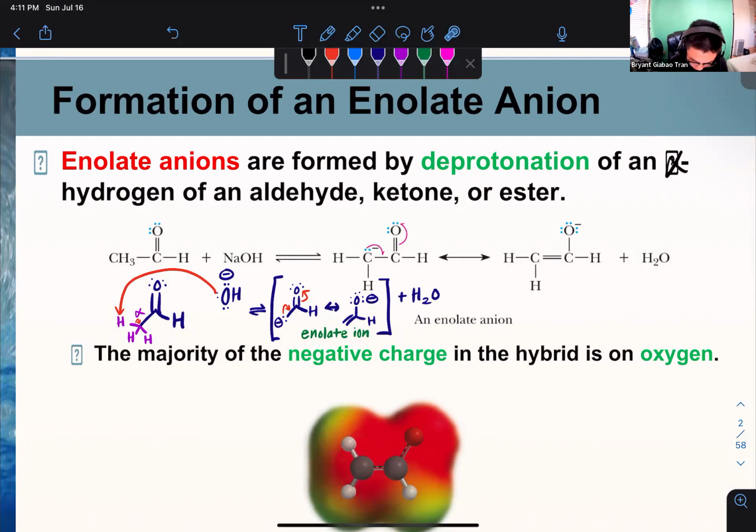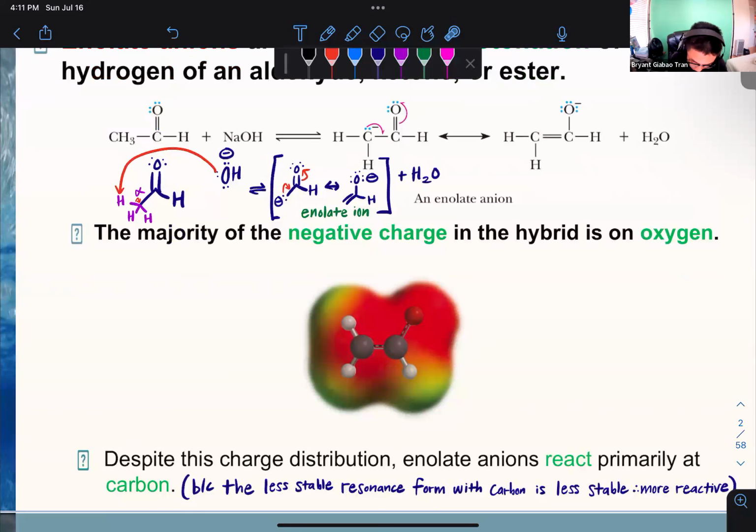To get that, we deprotonate the alpha hydrogen of any carbonyl, like aldehyde, ketone, or ester. In this case, we have an aldehyde, so we have a base that deprotonates this alpha hydrogen to give us this enolate ion over here. And this negative charge is our nucleophile on this carbon over here.